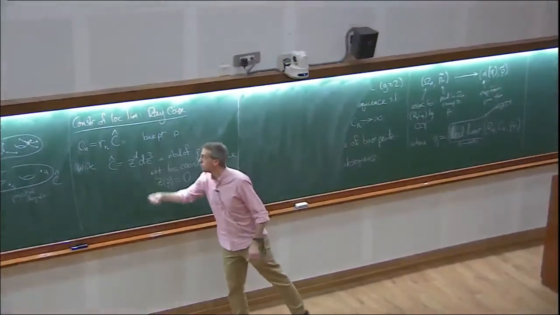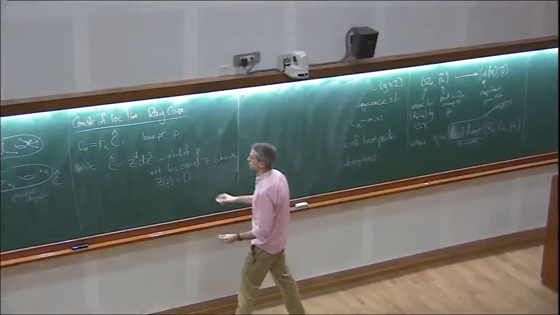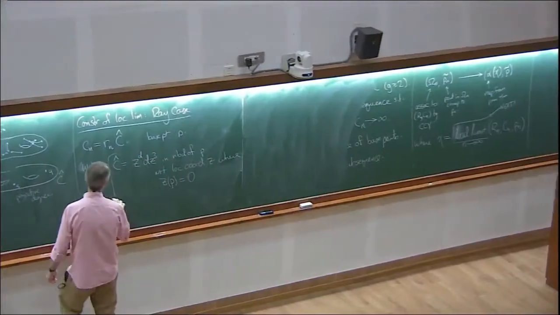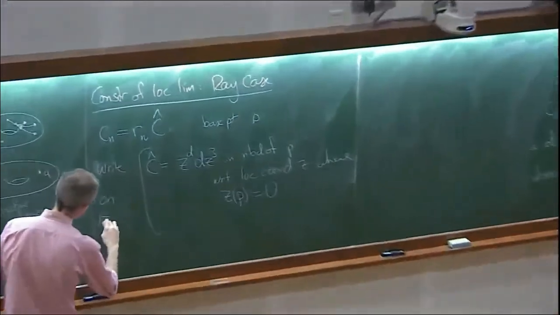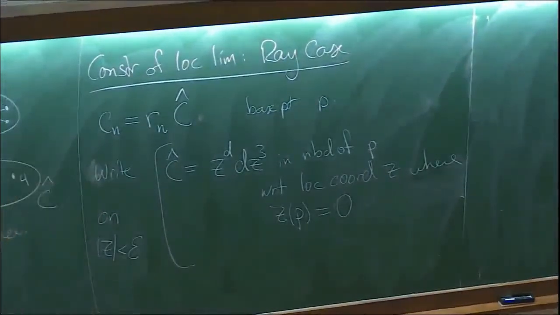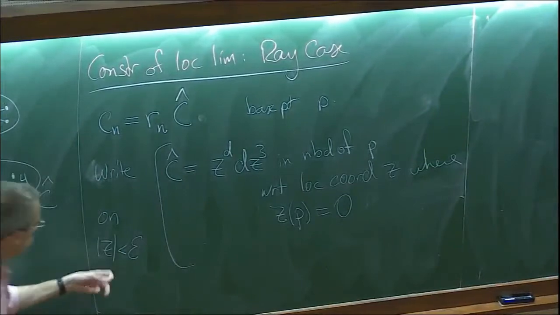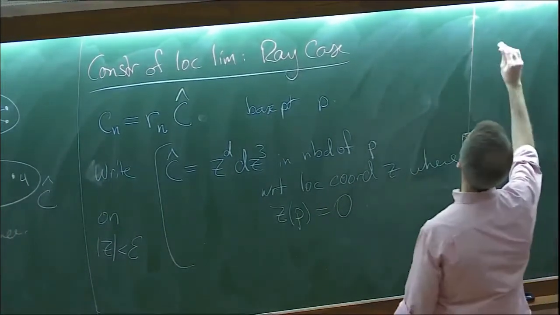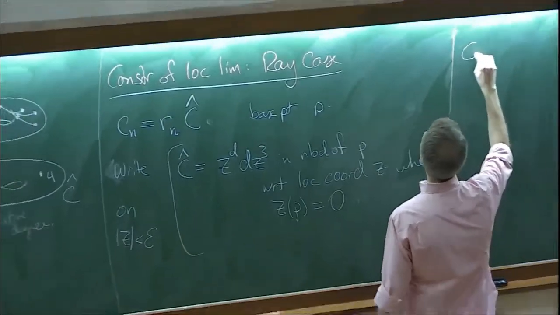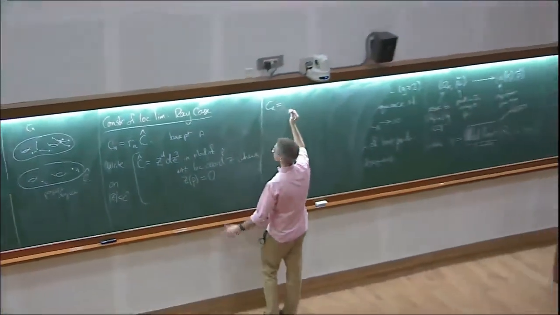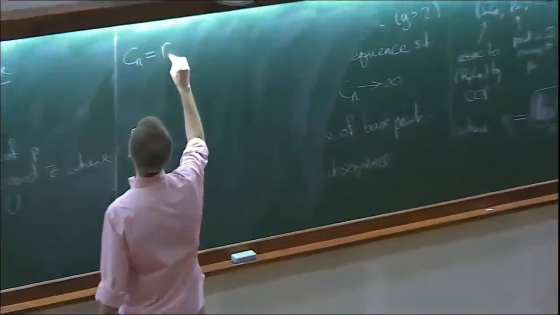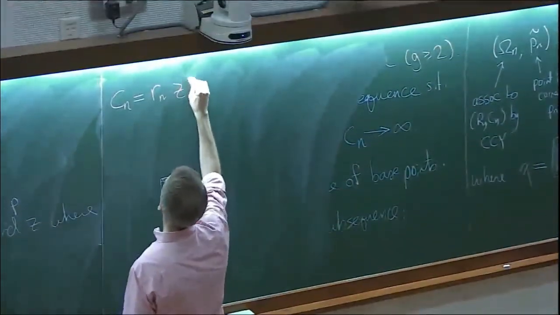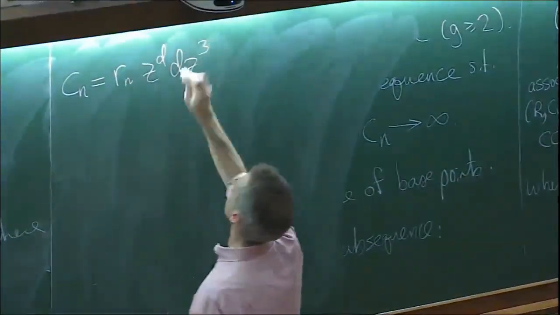But that's for C hat. So then what does Cn look like? Well, let me note that this is on some set that we can think of as a small disk centered at 0 in the plane with coordinate z. Now here's the idea. Cn itself can now be expressed in that same local coordinate system as Rn times z to the d times dz cubed.